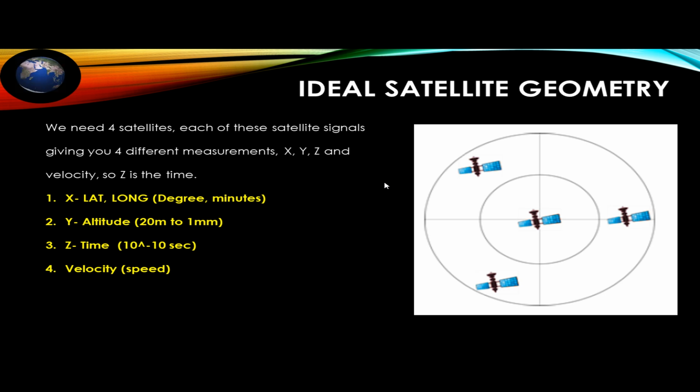The velocity is taken care of by the fourth satellite, which will give you the accurate position of any object or individual over the globe. That's why we need a minimum of four satellites to exactly locate any object over the globe. So this is the ideal geometry of the satellites. It should be in such a manner.